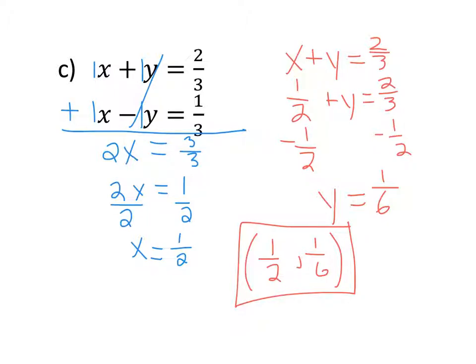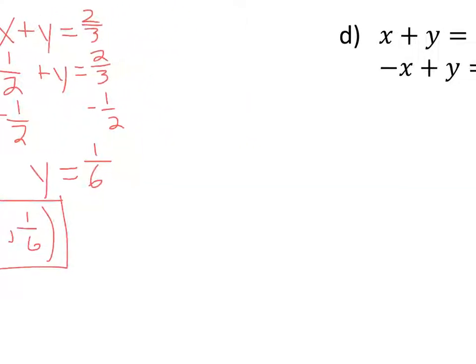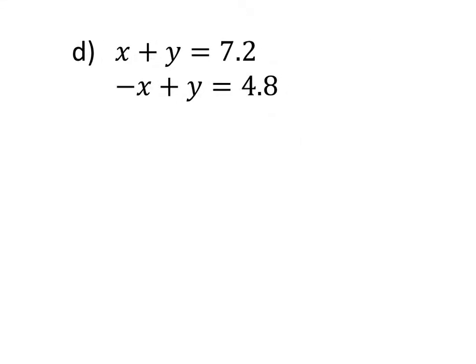Let's look at D. Okay, this time our x coefficients are opposites. Y's are the same. The equal sign is lined up, and so are the numbers. It looks like mine is spaced over a little more, but yours should be pretty lined up.